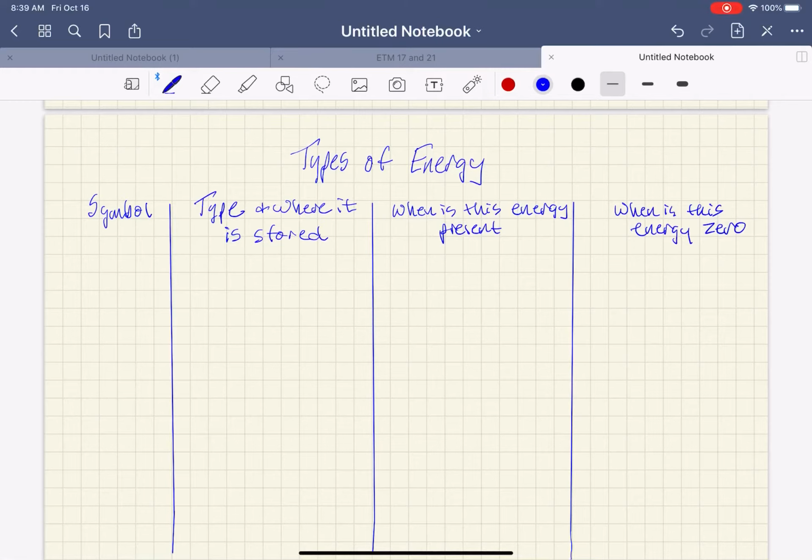I said that if something is moving faster, it has more of an ability to break things, and that is called kinetic energy. We will use the symbol E with a little k, just like we used F for force, we're going to use E for energy. It is stored in the moving object.